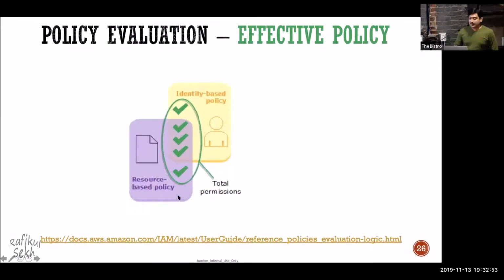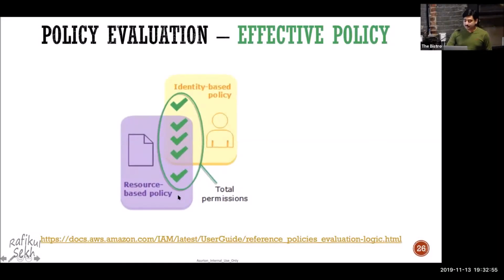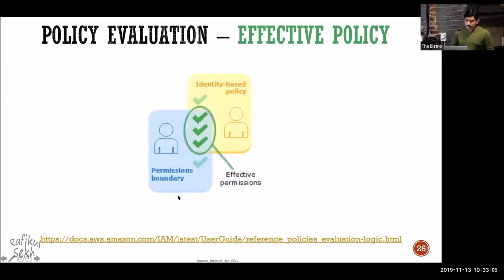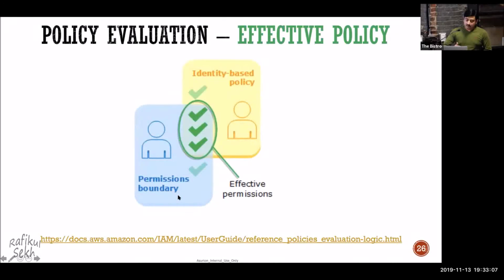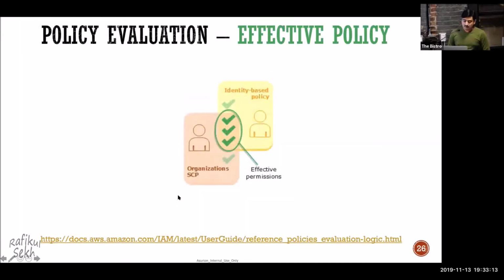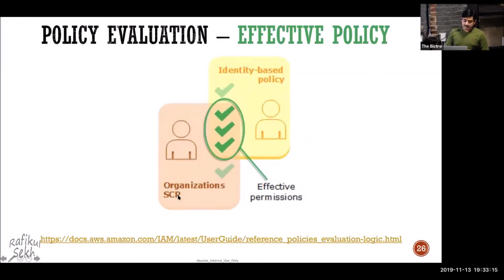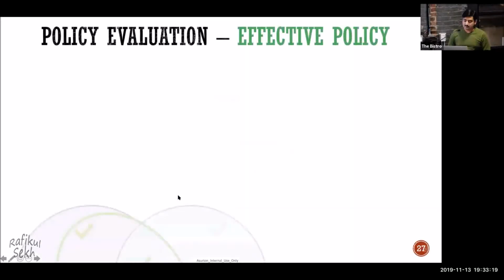So let's look at the effective policy. When I have identity-based policy and resource-based policy, the effective permission is the union of all of them. I'm talking about one single account. Now, inside my account, when I have permission boundary and identity-based policy, then the effective policy is the intersection. When I have organization's SCP and identity-based policy, the effective permission is the intersection.